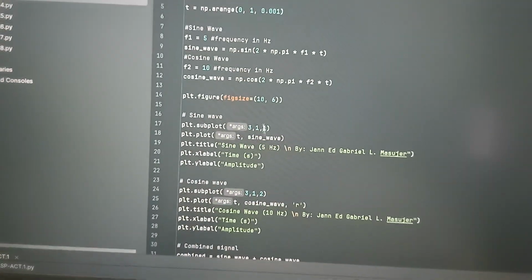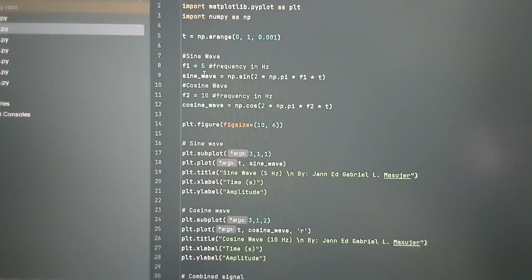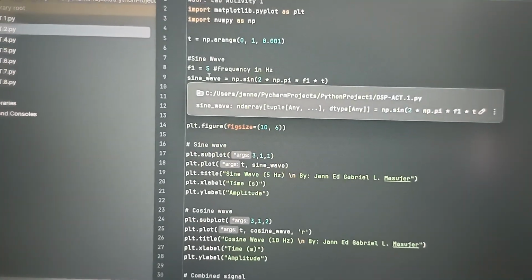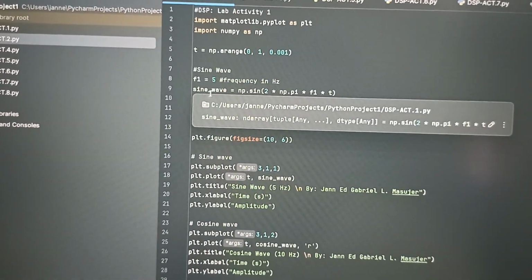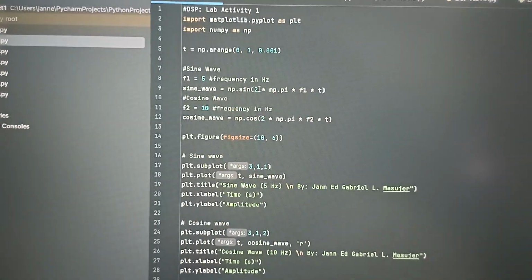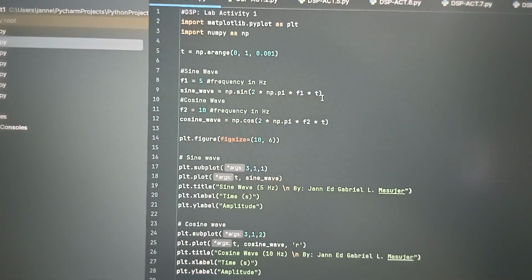Now, below that, we have the sine wave. So let's start with this formula. sine_wave is equal to np.sin of 2 times np.pi times f1 times t.